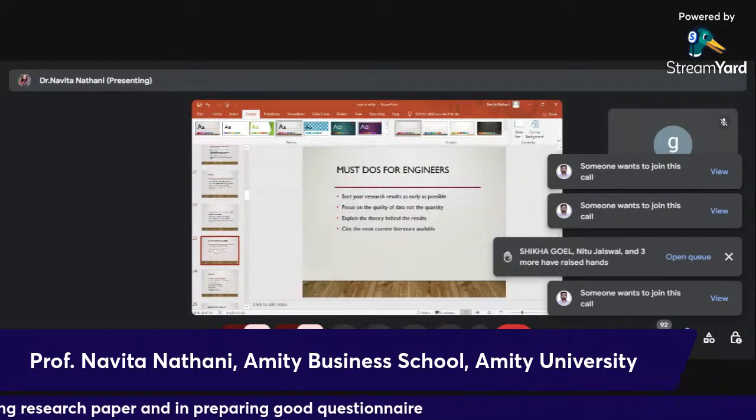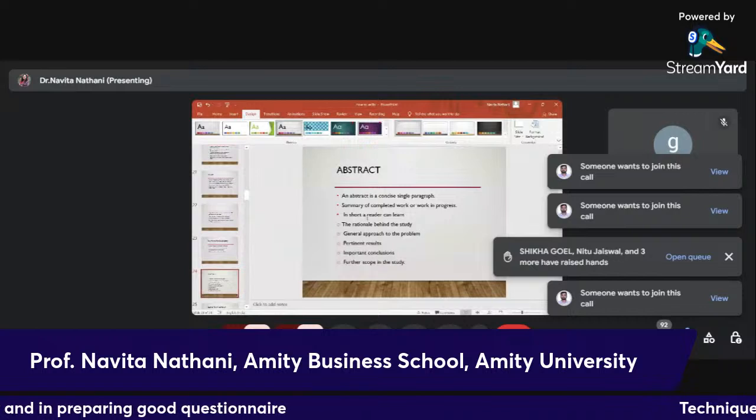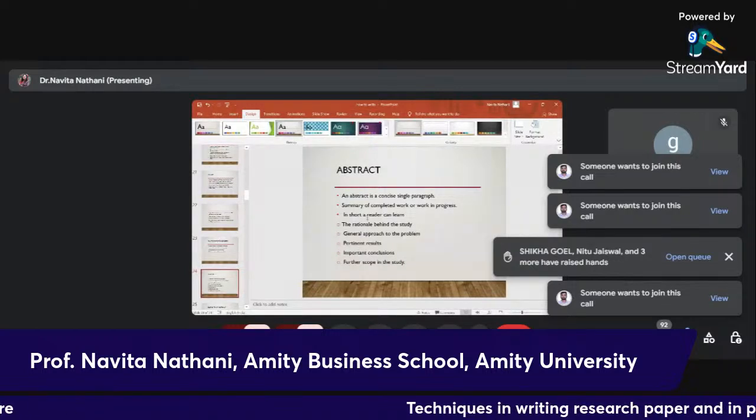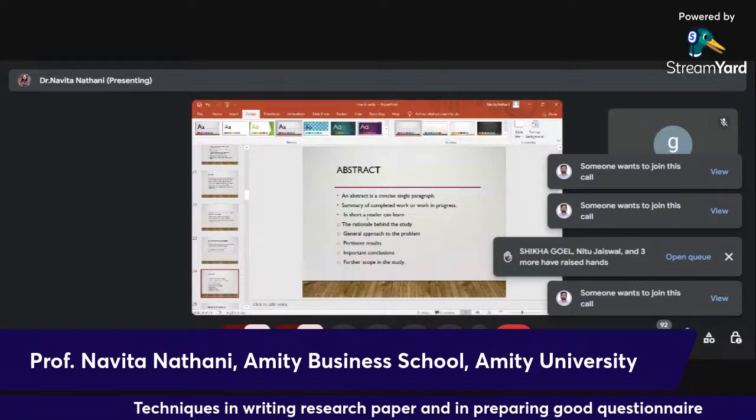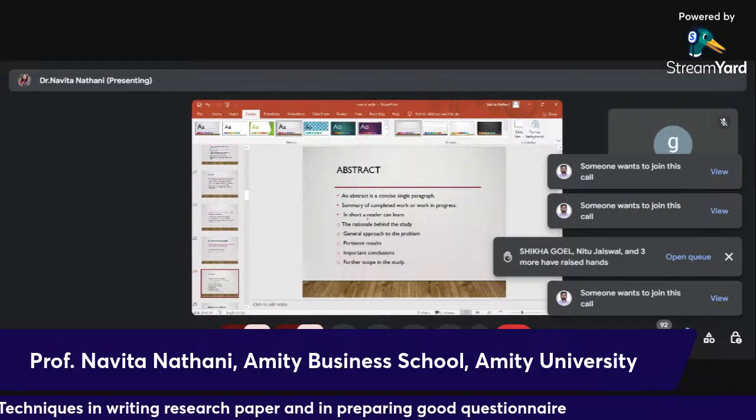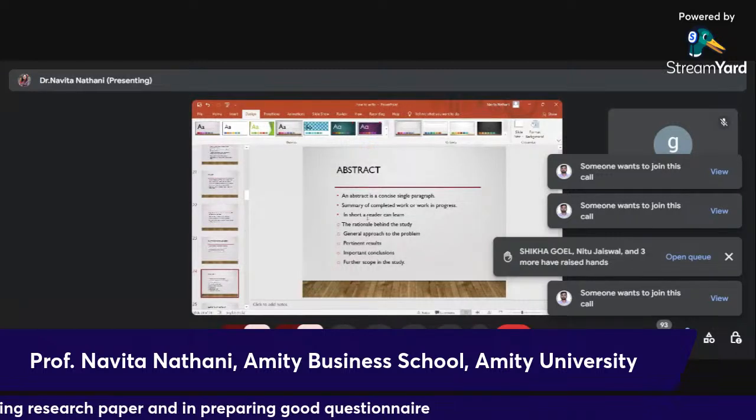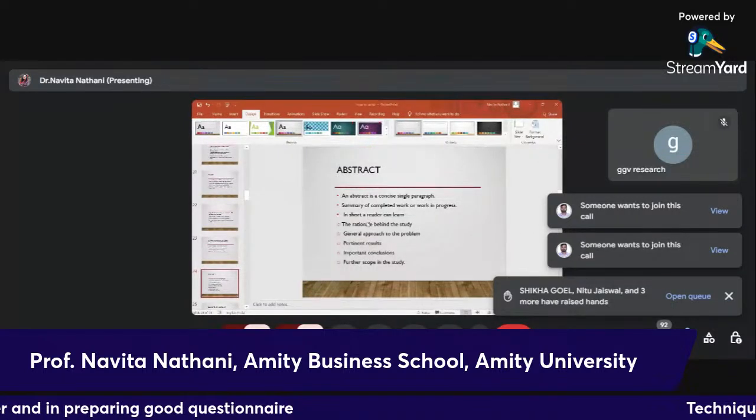Then we are talking about an abstract. So this is the first part, as I've already discussed, that abstract is the first part, but it is the part which is always written last. Please remember that whenever you are writing an abstract, it should include a number of things.